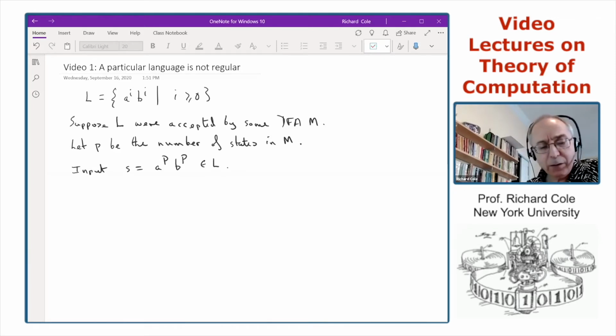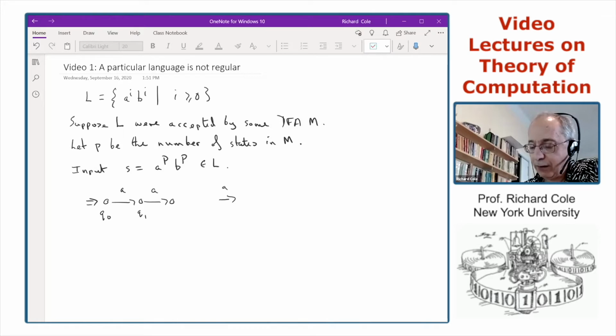Now what we're going to do is look at the sequence of states that M goes through on reading this string. And so we begin at the start state, of course, let's call that Q0. And we read a sequence of A's, and let's just call the states we go through Q1, Q2, and so on and so forth.